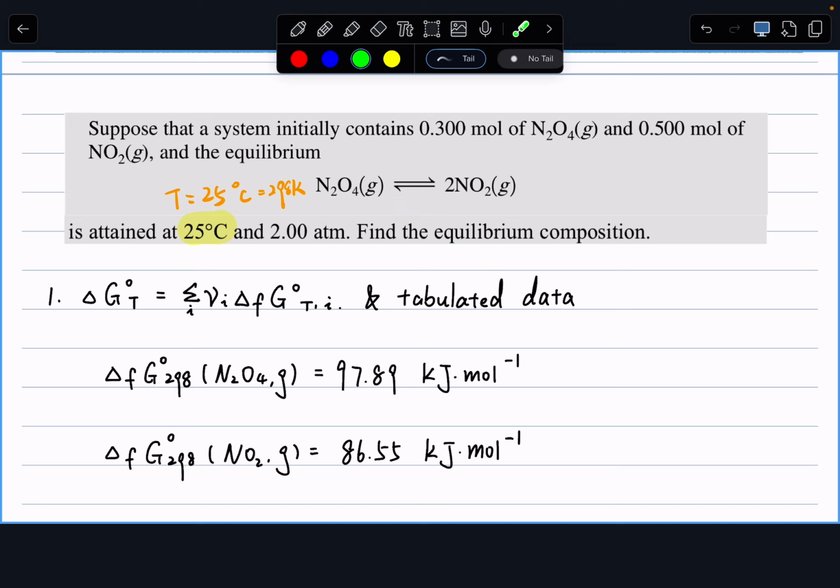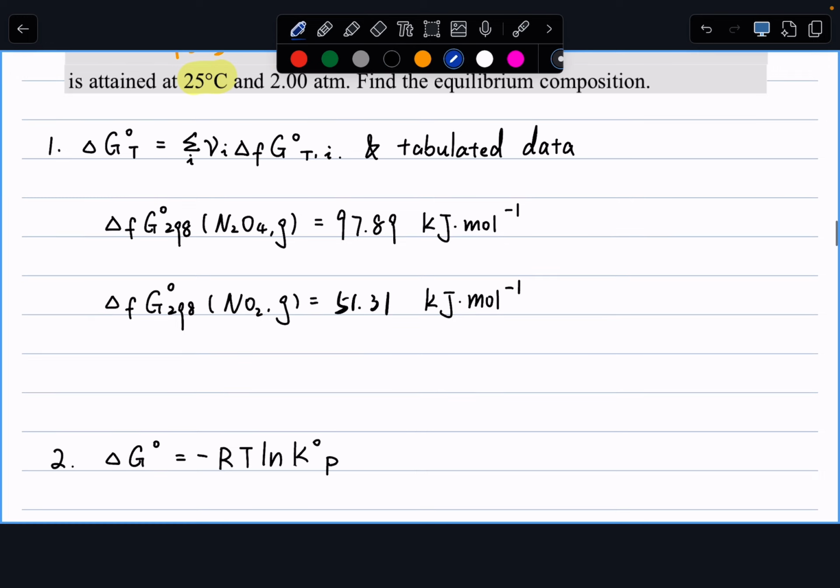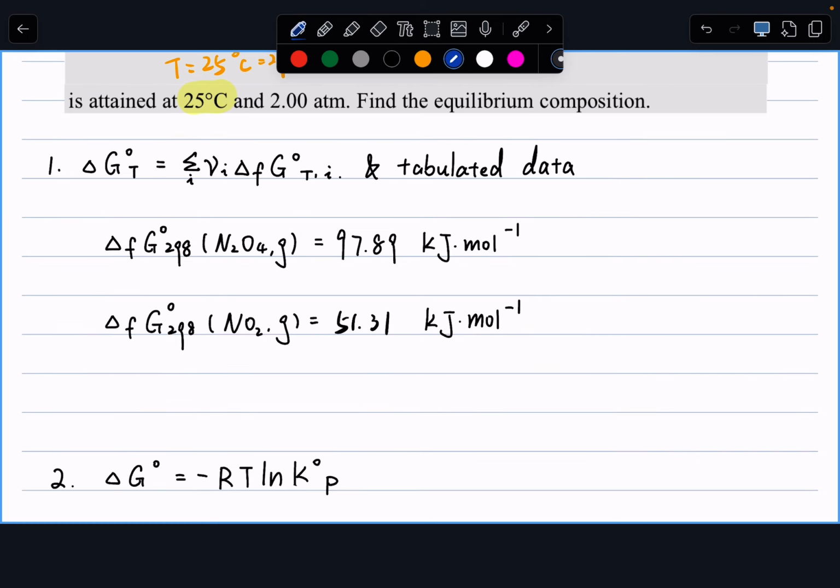Okay, now let's actually do this problem together. Remember our 6 steps. First step, use the tabulated data to find the delta G of the reaction. This should be pretty straightforward. You read the table, and there is a typo here. You read the table and use the equation, which is delta G naught at 298 Kelvin equals the sum of the stoichiometric coefficients times the standard Gibbs free energy of formation.